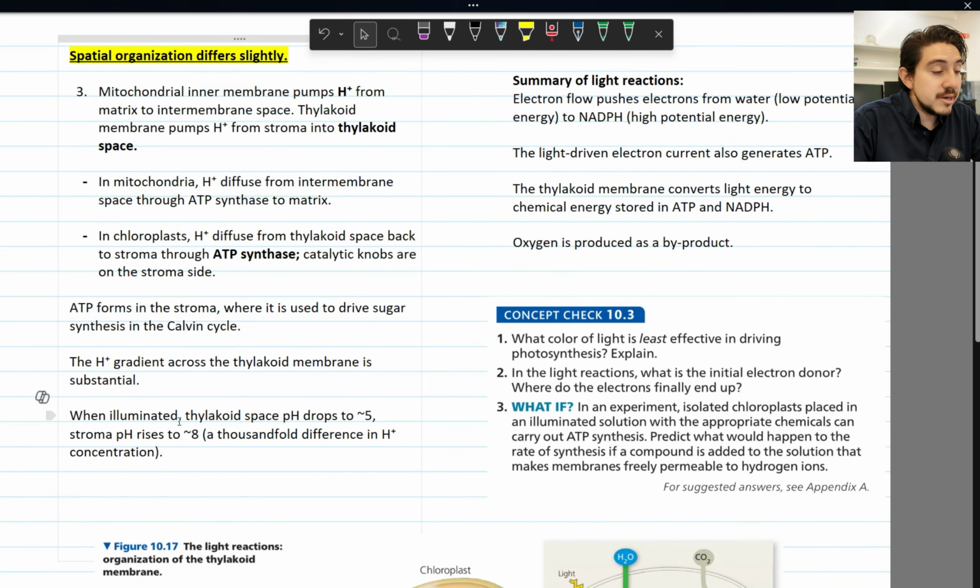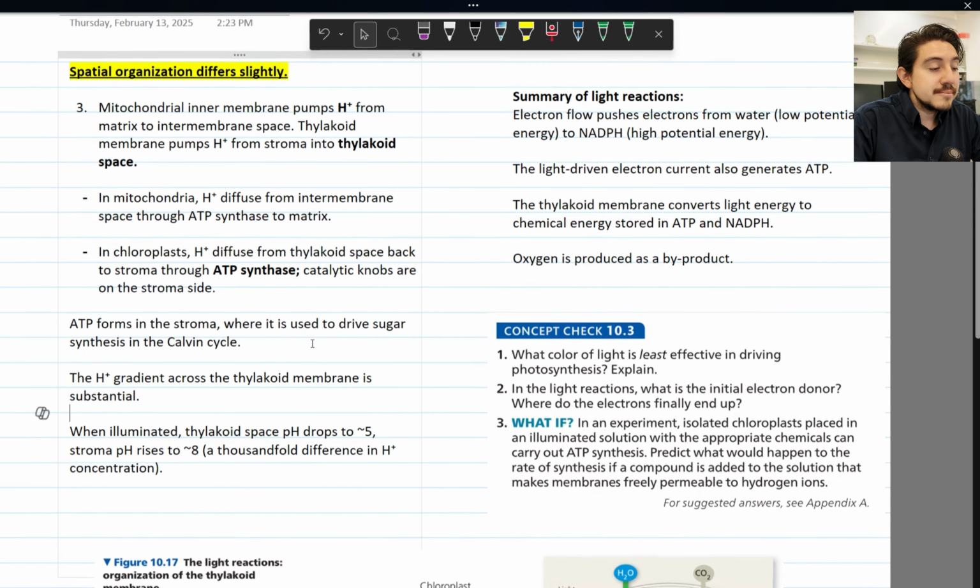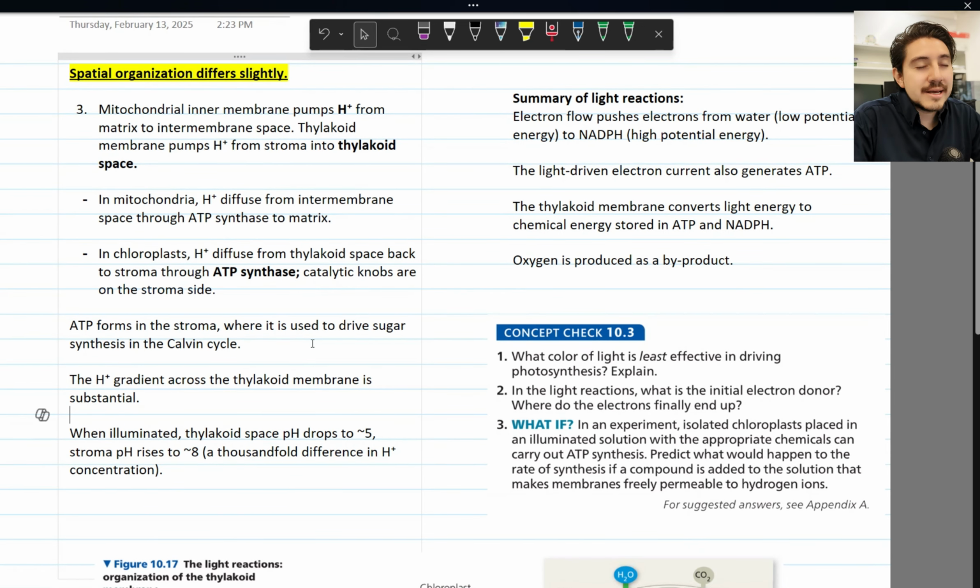When illuminated, the thylakoid space pH drops to approximately 5. The stroma pH rises to around 8. So that's a 1,000-fold difference in hydrogen plus ion concentration, because of that proton gradient.